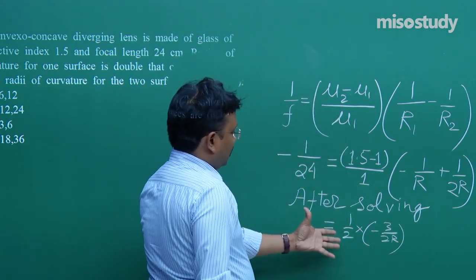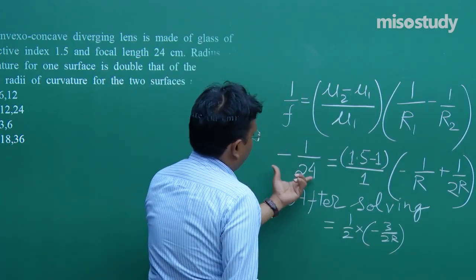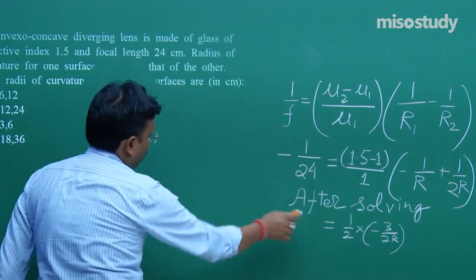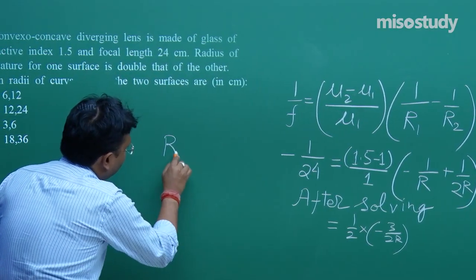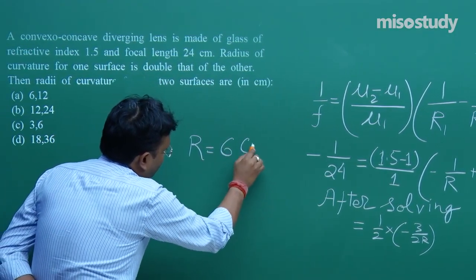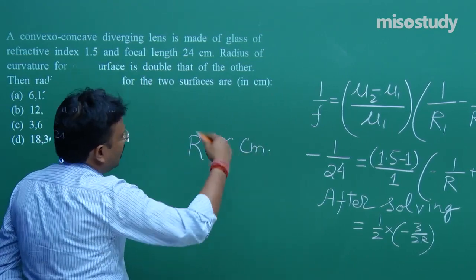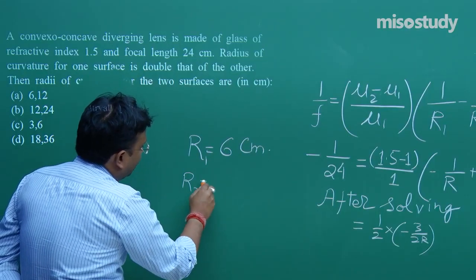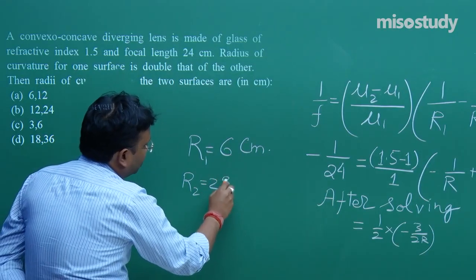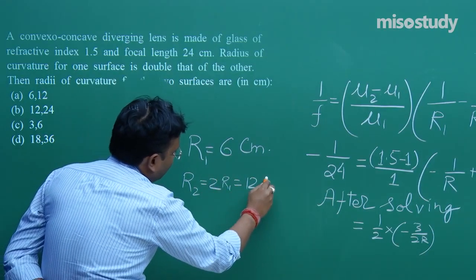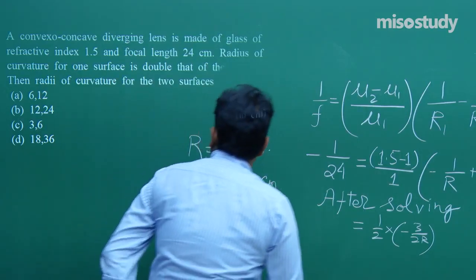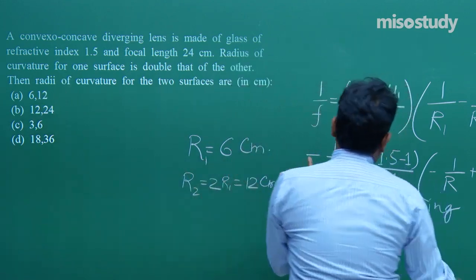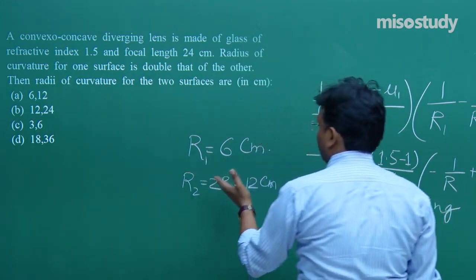Ultimately, once you solve it, because the value of f also I placed like this, here you can say r is equal to 6 centimeter, that is R1 is equal to 6 centimeter. So, R2 is equal to 2 of this R1, that is 12 centimeter.